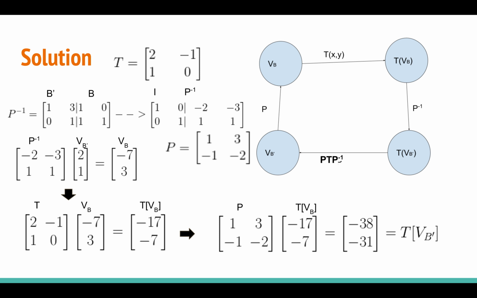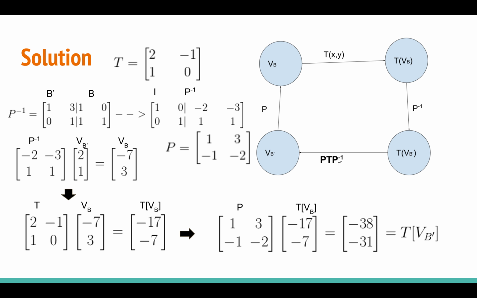To calculate P inverse, we put an identity in the basis that we're transforming to, which is B prime, and that gives us the reverse transformation, basically from B prime to B, and that would simply be -2, -1, -3, 1.